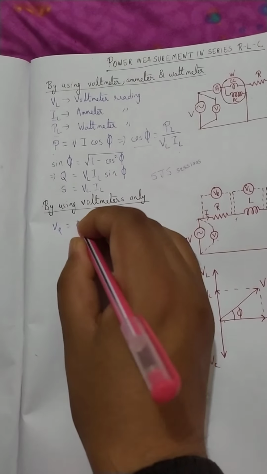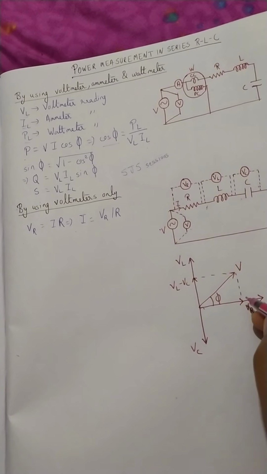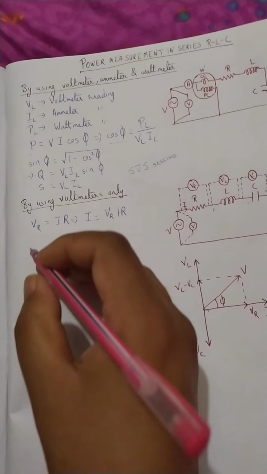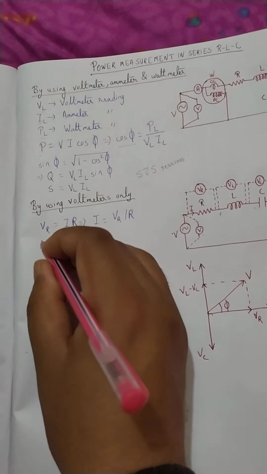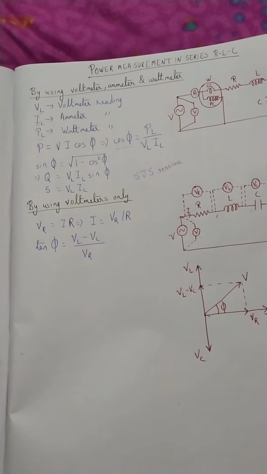Now what is unknown? This phi is unknown, and we require it, because otherwise we can't find out what is cos phi and sin phi. So now let us consider this angle. Can we write tan phi will be equal to VL minus VC by VR?